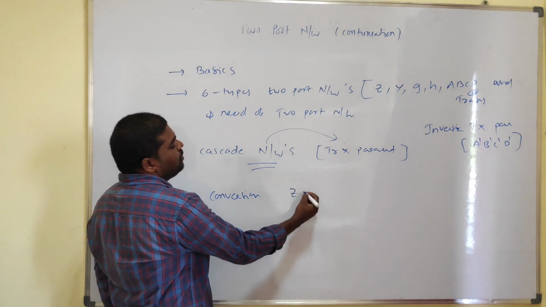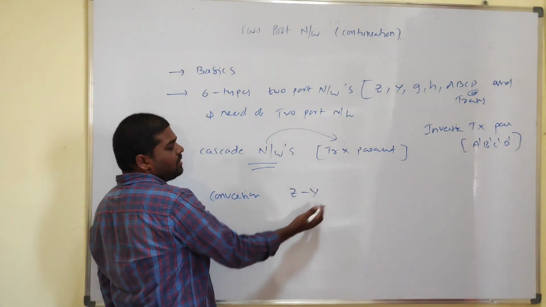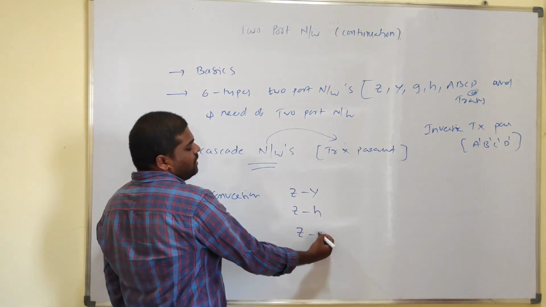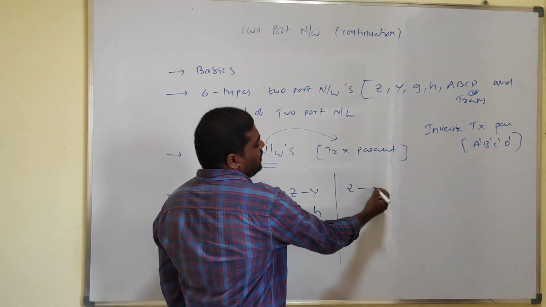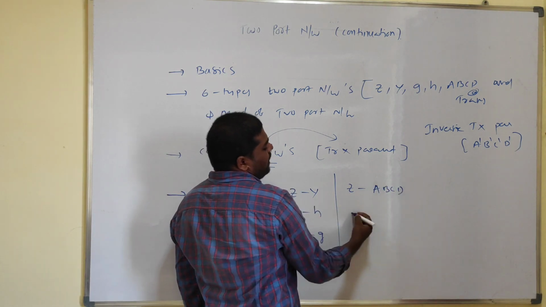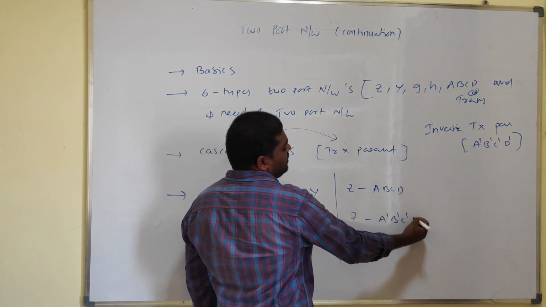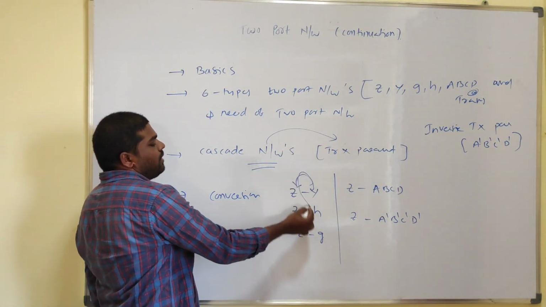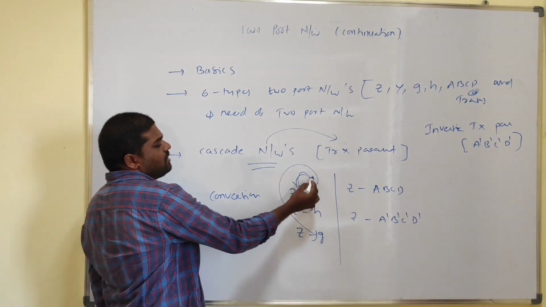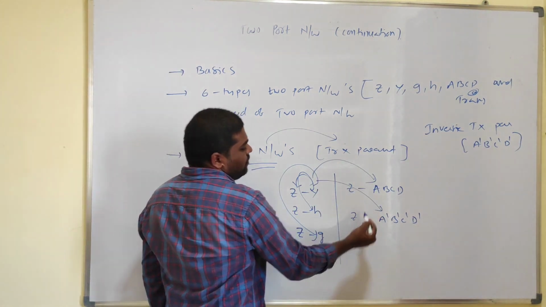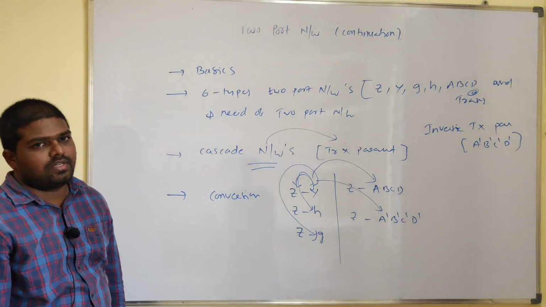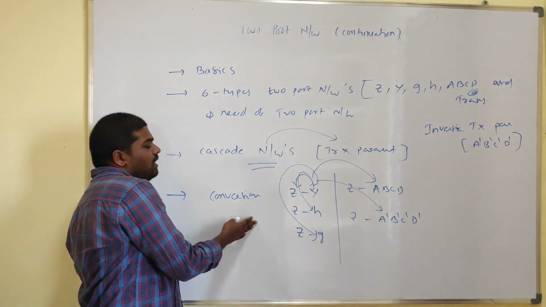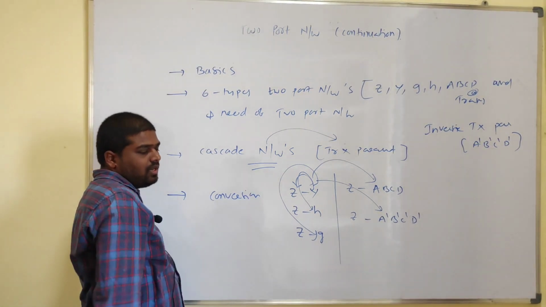That means Z to Y conversion, Z to H parameter conversion, Z to G parameter, and similarly Z to ABCD, and Z to A dash, B dash, C dash, D dash, and similarly Y to Z, Y to H, Y to ABCD, Y to A dash, B dash, C dash, D dash conversion. So these are all types of conversions, and these derivations were already derived in previous classes.